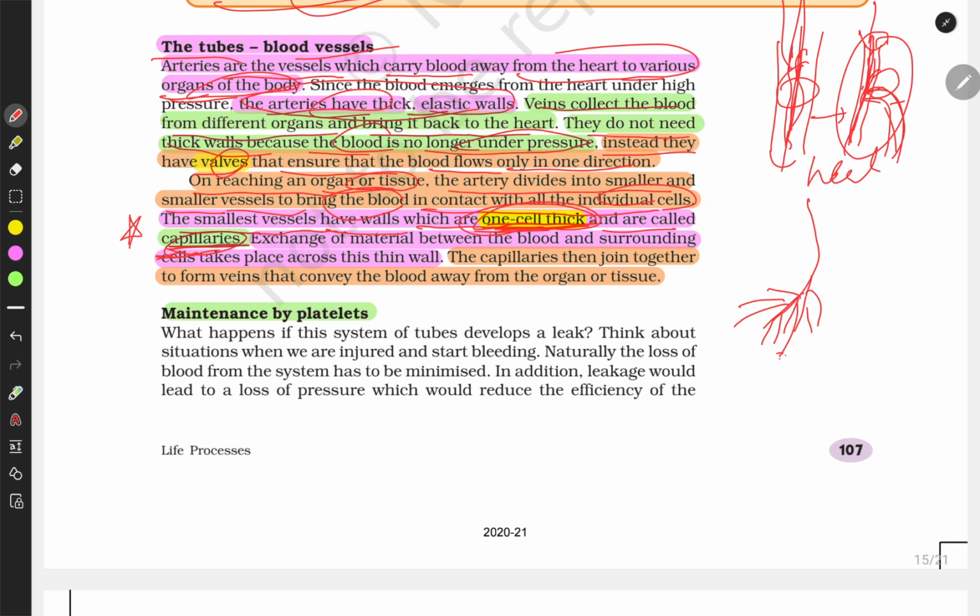By the process of diffusion, the exchange of material between the blood and the surrounding takes place here. The capillaries again join together to form veins that carry the blood back into the heart.